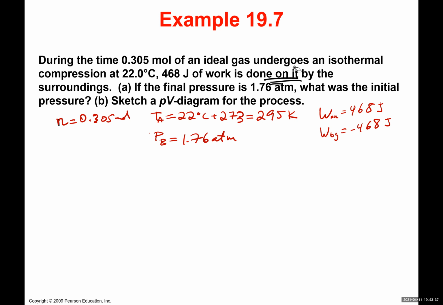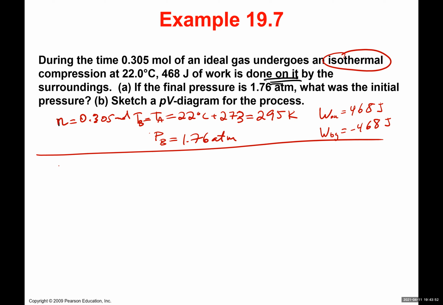Now, what type of process is this? Well, it's an isothermal process. What does it mean? It means temperature at B is the same as temperature at A. Okay, so now that we know that, we can say that those are our initial values. So for part A, what I want to basically calculate is my initial pressure.